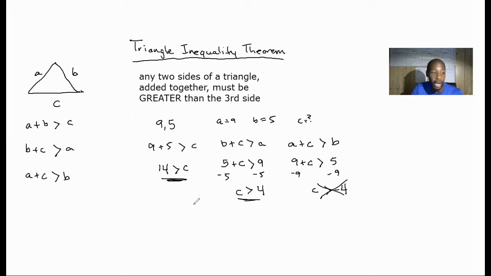So your answer is C is greater than 4 but less than 14. That is the range of the possible sizes that triangle can be. So C has to be between 4 and 14. Okay. All right. So hopefully that's straightforward.